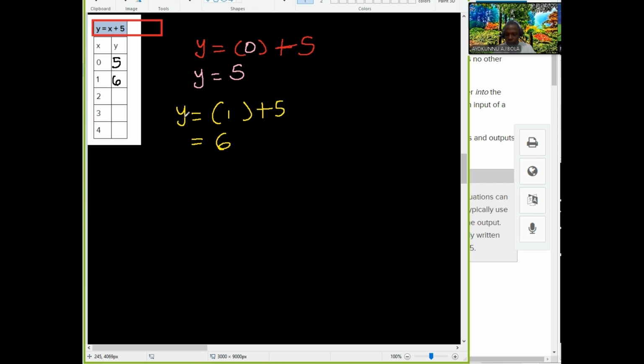Then if I write the next equation, y equal to x plus 5, what is the next value of x on the table?